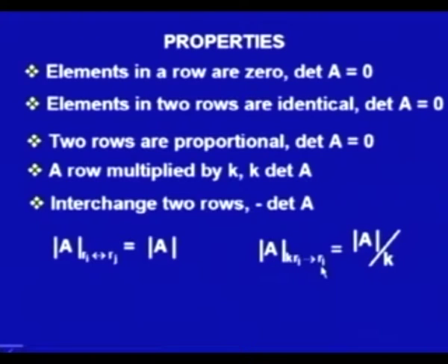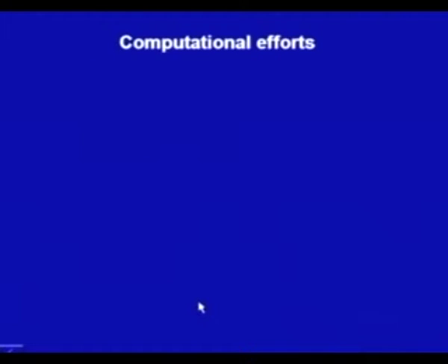But if we apply this elementary transformation, then the determinant obtained after applying this transformation is divided by k. But this elementary transformation will not change the value of the determinant. Now, these transformations actually help us in evaluating the determinants more easily and with less computational effort.